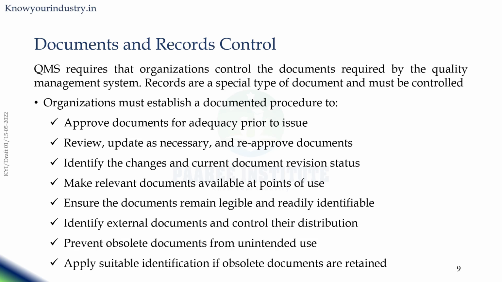The organization must establish a documented procedure to approve the documents for adequacy prior to issue, review, update as necessary, and reapprove documents, identify the changes and the current document revision status, make relevant documents available at points of use, ensure the documents remain legible and readily identifiable, identify external documents and control their distribution, prevent obsolete documents from unintended use, and apply suitable identification if obsolete documents are retained.